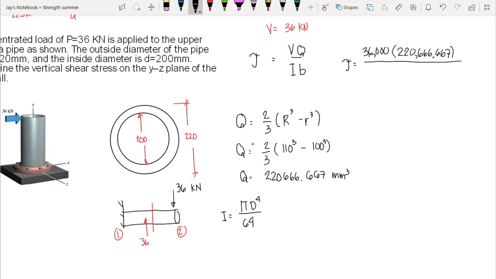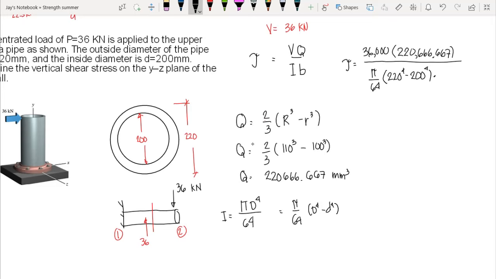But since this is a hollow tube, we get the difference between the bigger and the smaller circle. So we have pi over 64 times the bigger diameter to the fourth minus the smaller diameter to the fourth, which gives us 220 to the fourth minus 200 to the fourth, times the base.